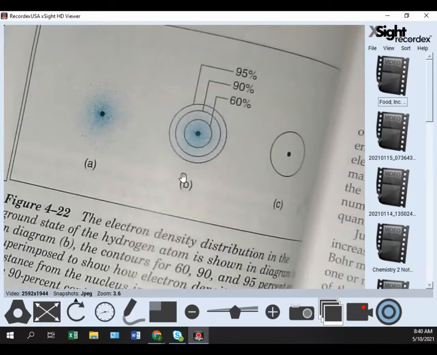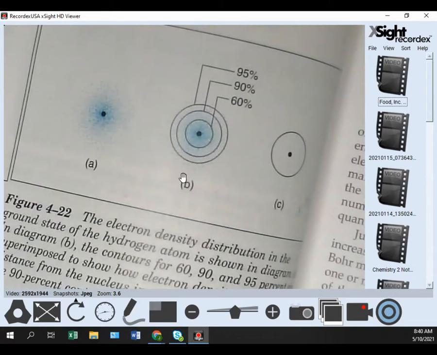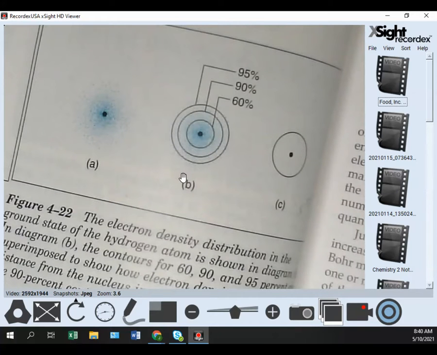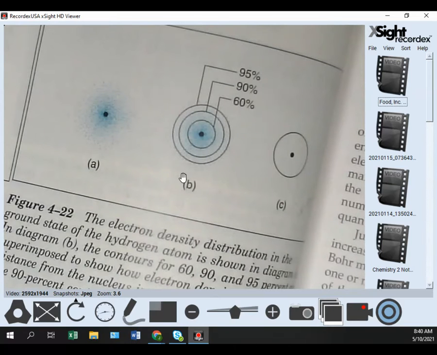The analogy I use to help with this: if I had your parents give a percent chance about where they thought you were right now, at this minute, and I asked what's the percent chance that you're in my room at your desk, that might be 50, 60% chance. What's the percent chance that you're in my room, being first hour?